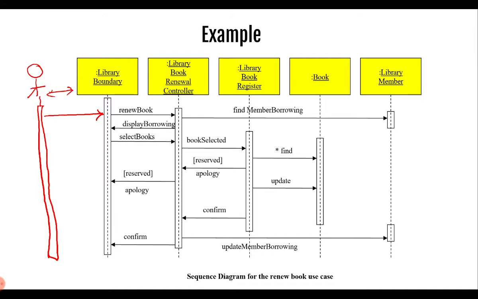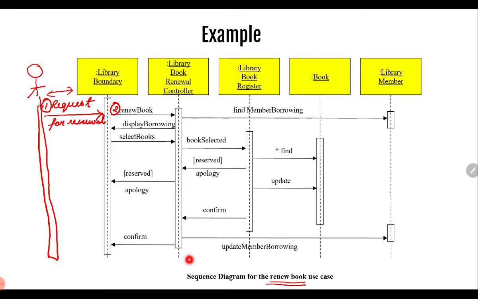Here in this example, we are taking the scenario of the renew a book use case. This is just a single use case that we are representing using this sequence diagram. The user will be raising a request for renewal. This message is number 1 and it goes to the library boundary, and the library boundary sends the second message to the library book renewal controller.